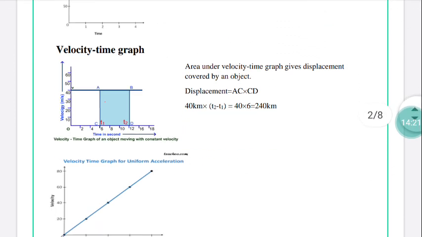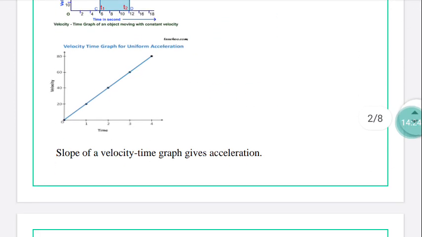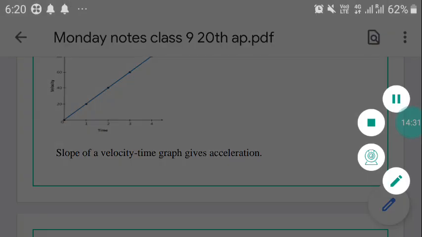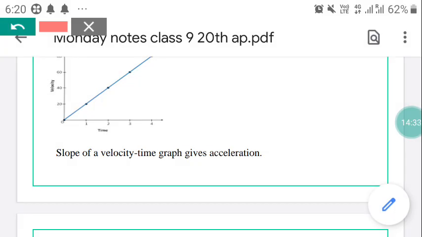So I can ask you to find the slope of a velocity time graph. So what will it give? It will give acceleration. This is also your homework. You have to explain to me the concept of the slope of a velocity time graph to calculate acceleration, like I have explained how to calculate the slope of a distance time graph, and it gives speed or velocity.